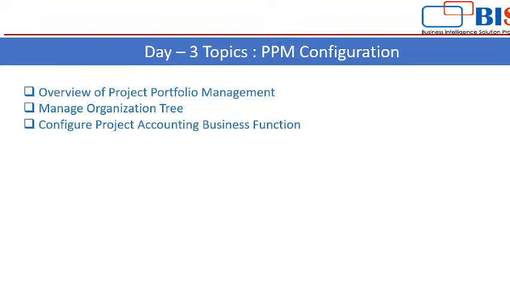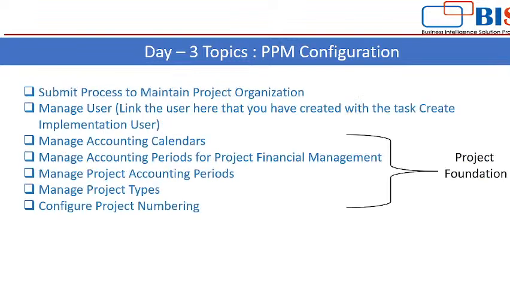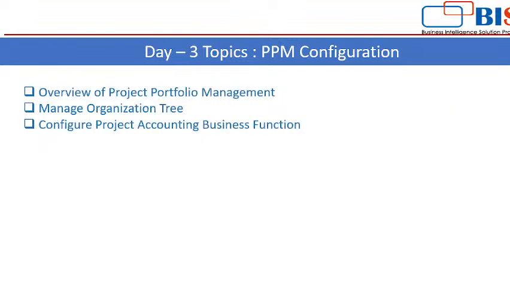Then we have seen how to select the default organization tree for the project module. By using the task configure project accounting business function, you can mention the default organization tree that the system will use while you create the transaction in the projects. Also, in the configure project accounting business function, you will associate the business unit with the project unit.